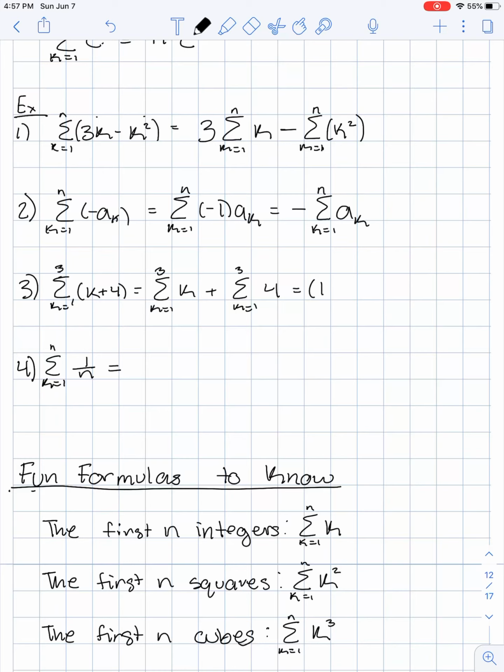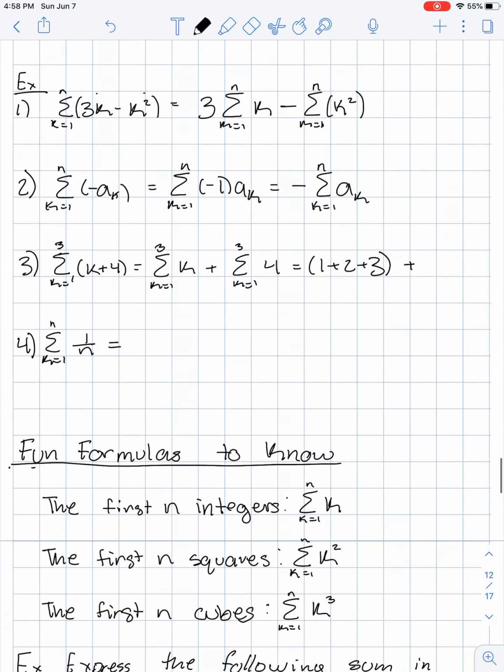Well, we know that this is just going to be 1 plus 2 plus 3 plus, well, 4 has nothing to do with k. So it's a constant, so we're going to use the constant rule.